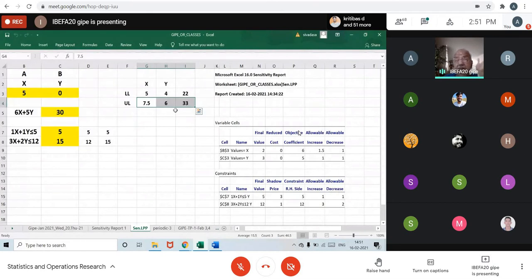And they say even if you change a little bit, 6 becomes 7.5 and 5 becomes 1, profit is 33. So that is feasible. But that does not mean that 6 can be increased to say 16, and 5 increased to 15. Nobody will buy the biscuit brand A and B.